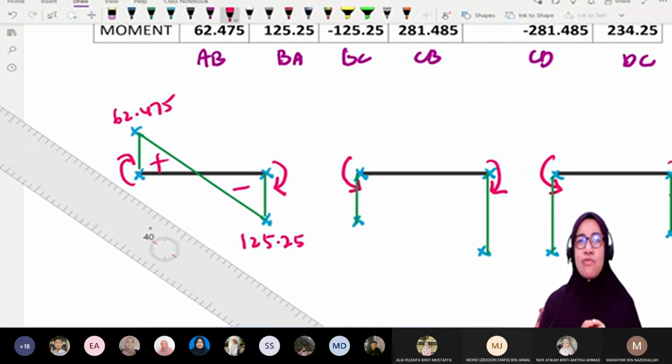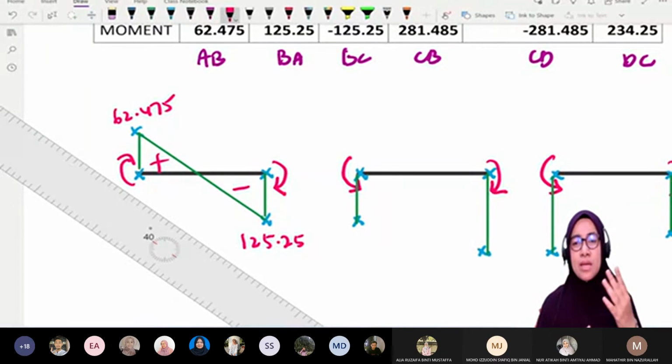Lepas tu from the shear force, kena draw shear force diagram. Dah dapat shear force diagram, tengok pada shear force diagram, kena identify. From shear force diagram tu, you get trapezium or you get dua triangular yang ada intersection. Because kalau ada intersection pada shear force diagram means ada maximum moment pada bending moment diagram. Okay, without doing that, kita tak boleh identify the right one.